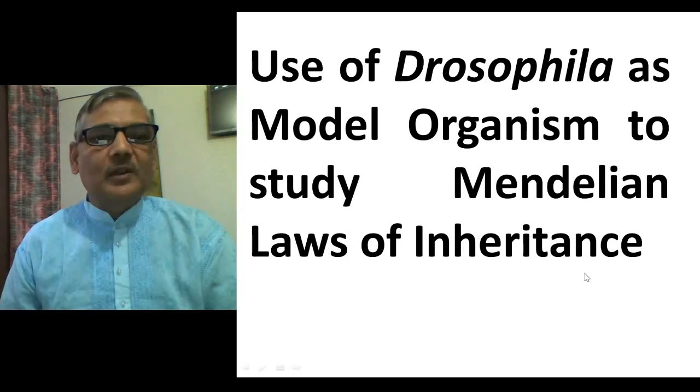Now, the same aspect could be studied by using other organisms. Drosophila melanogaster is one of the model organisms which can be reared in laboratory conditions, and we can perform a number of experiments with this model organism.